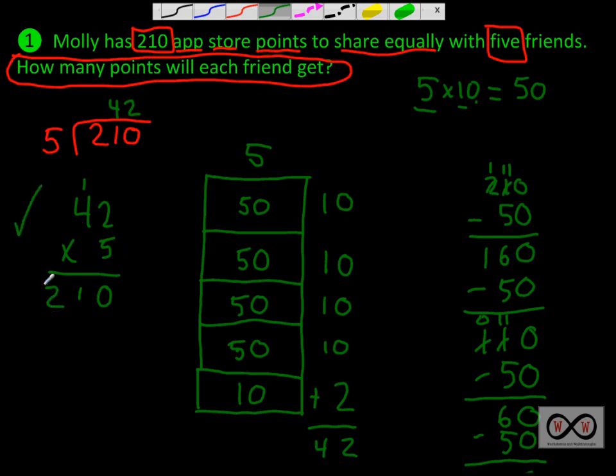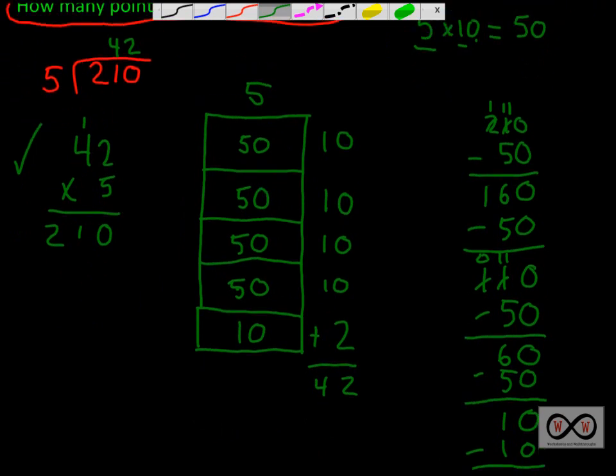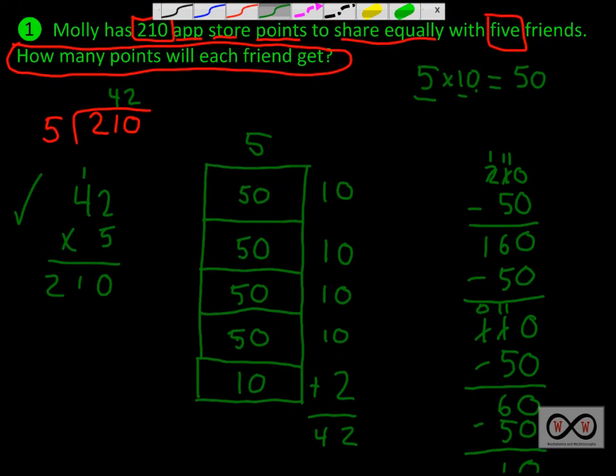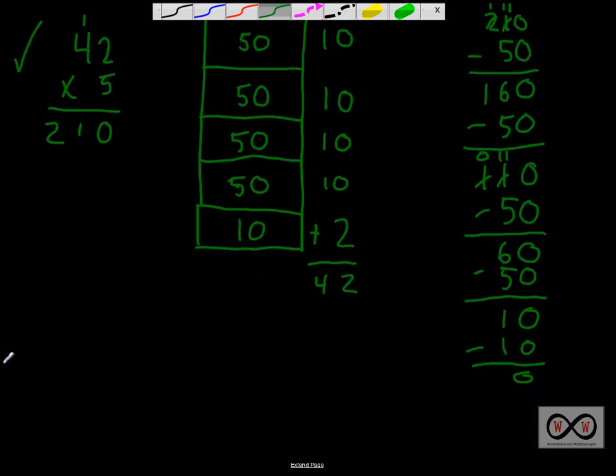So, how to fully answer this question? How many points will each friend get? Well, the best way to do that is to put it in a sentence. So let's try that. Each friend would get or receive how many points?